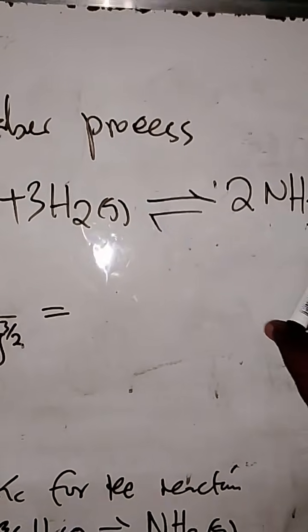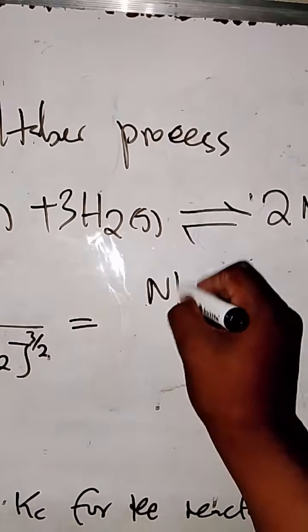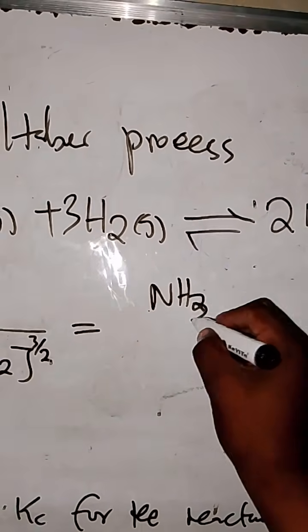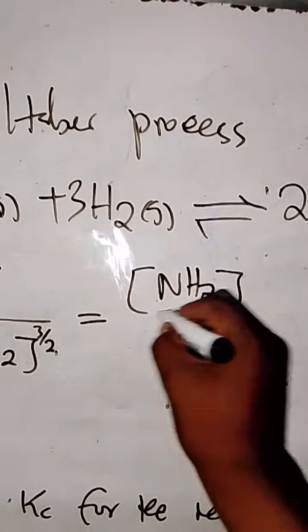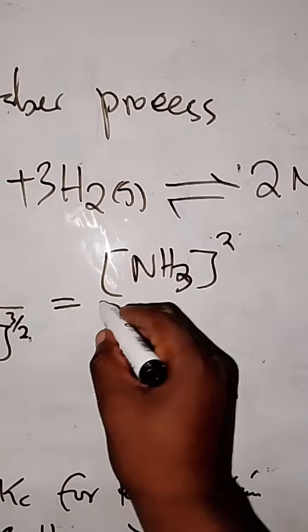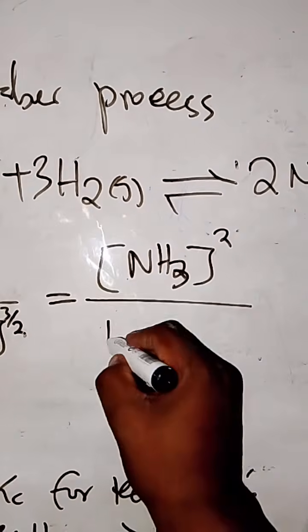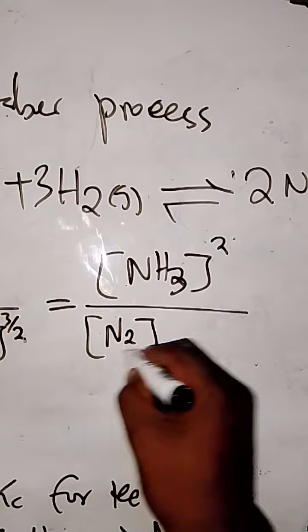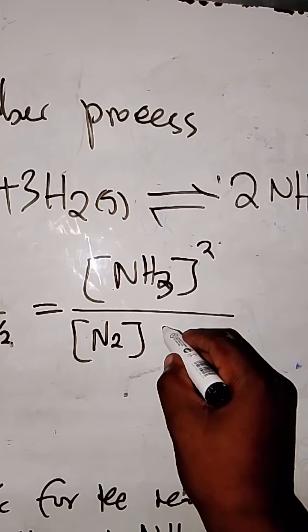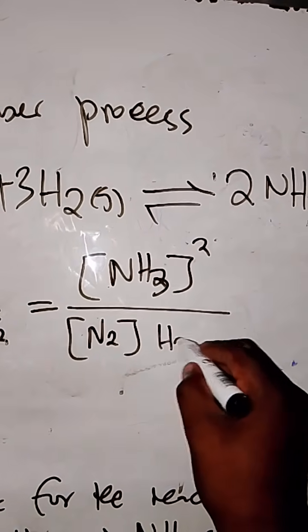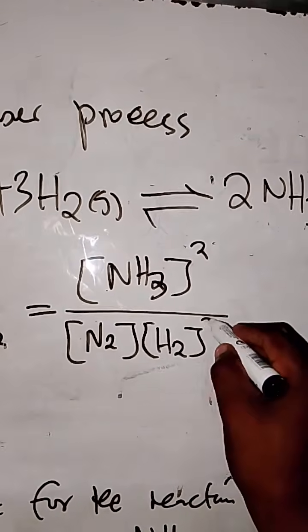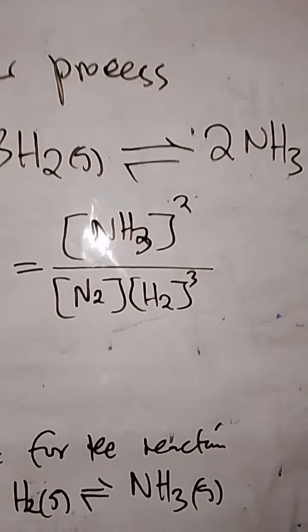Let's compare it with the original expression for Kc, which is written as ammonia squared over nitrogen, then hydrogen to the power 3.